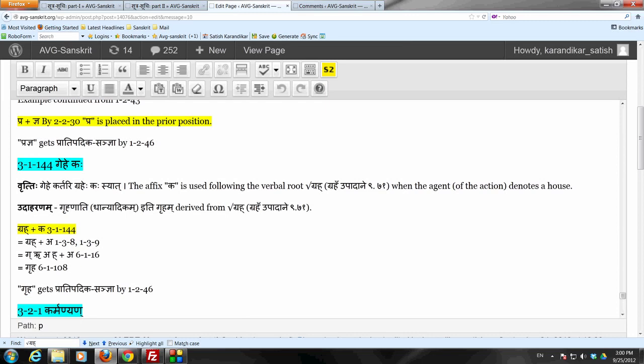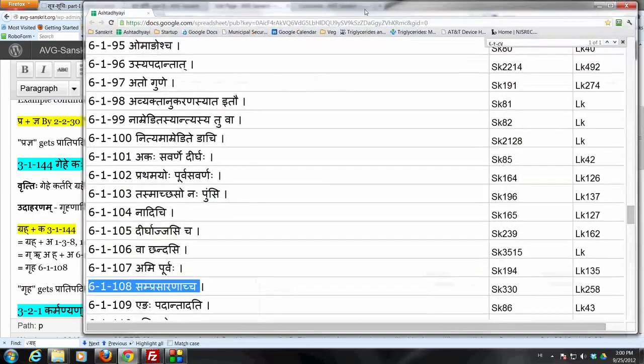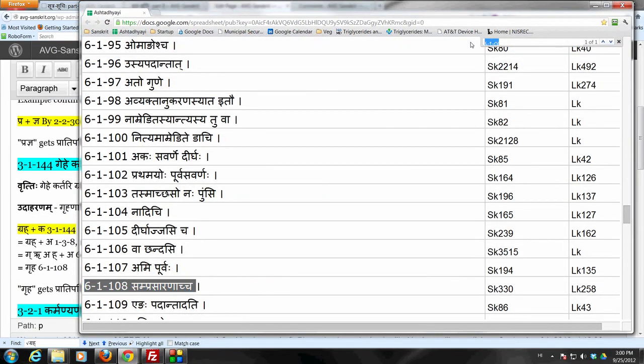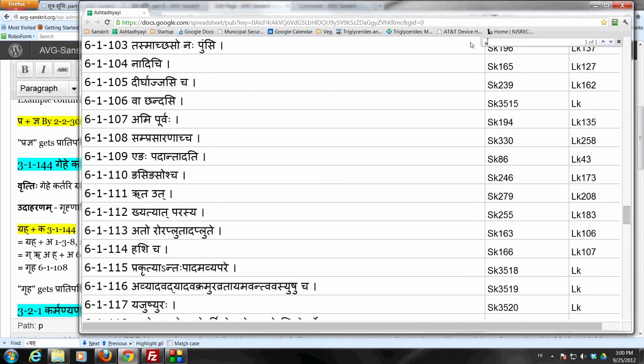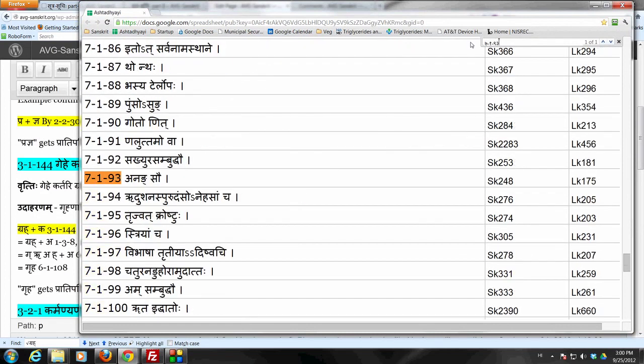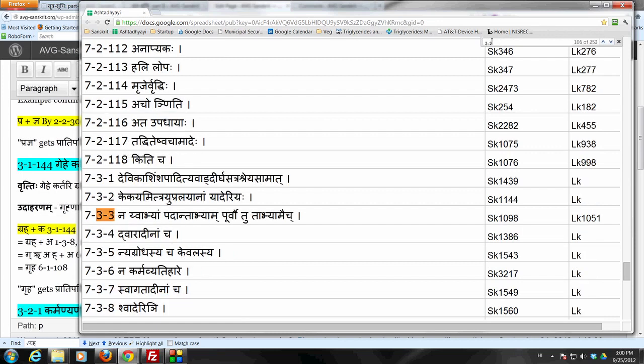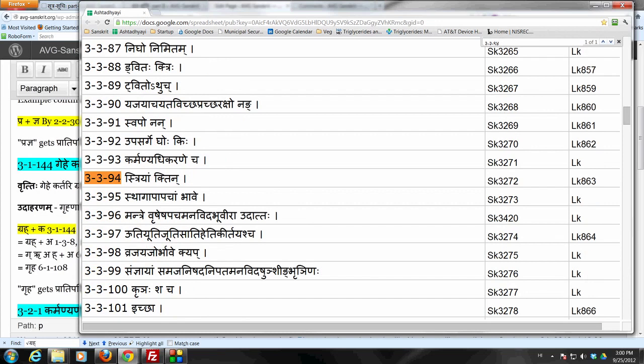It is not the only place we have seen that. For example, 7.1.93 is a sutram devoted to derive one single form, which is sakha, anang sau. Later on also we'll see a number of rules where Panini derives only one single form by one sutram. So it is a very small, restrictive domain.